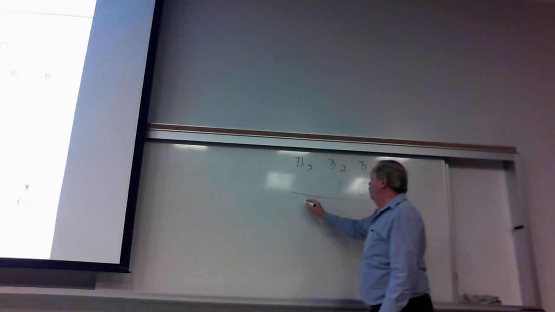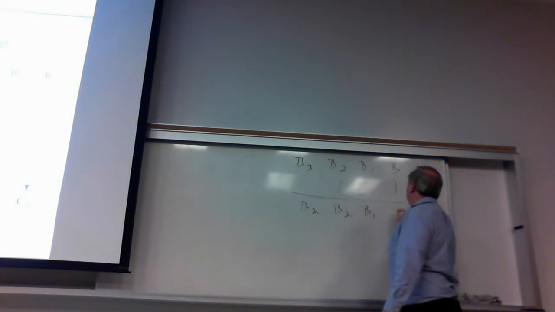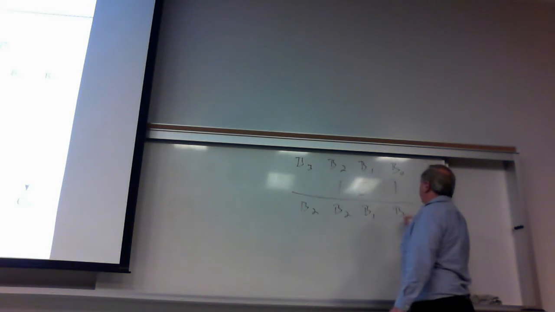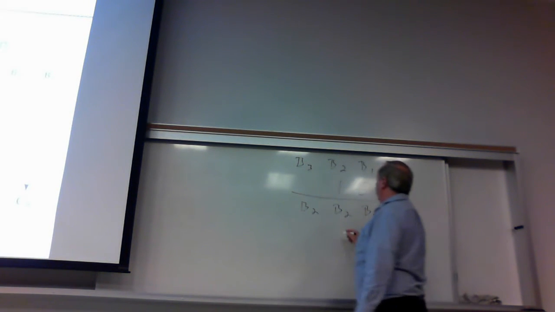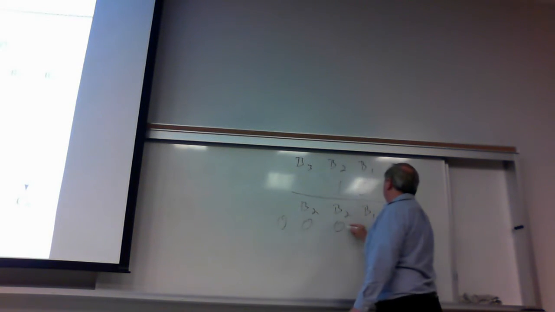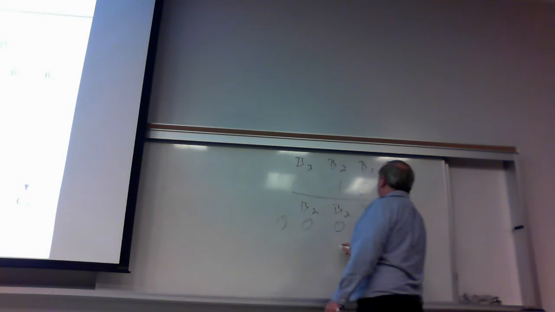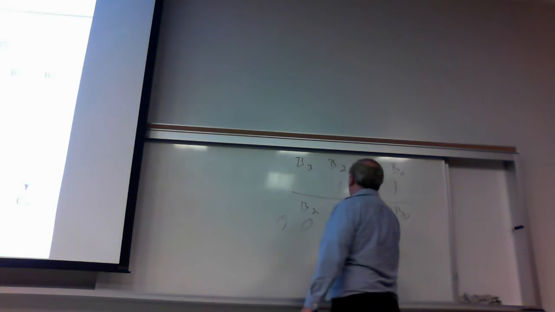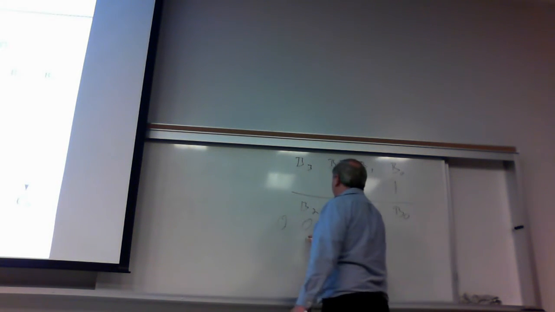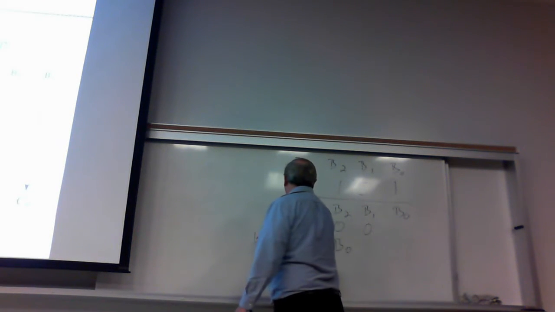Well, the results are going to be B3, B2, B1, and B0, right? Then I'm going to come down and say, oh, 0, 0, 0, 0. And then I'm going to come down and say, B1, B2, and B3.